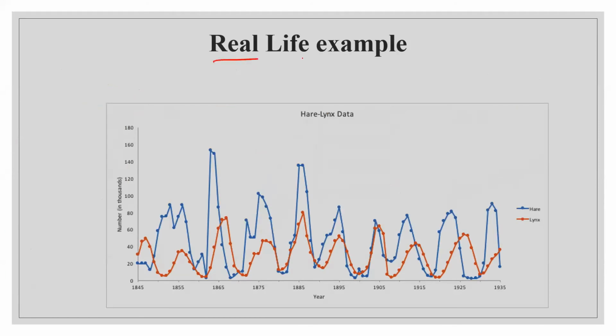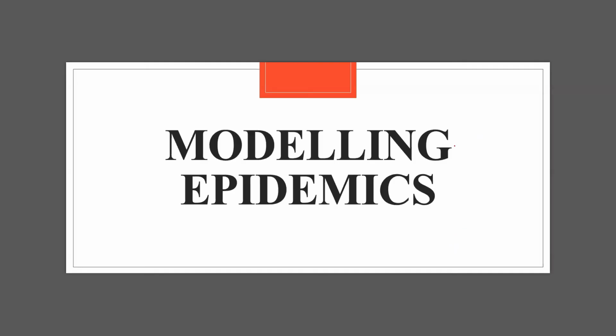There is a real life example also where this type of situation is seen. It is the Linux data between 1845 to 1935. Whatever we get in MATLAB, the same type of on and off behavior is seen in the real life scenario also. Now we will move on to model epidemics.